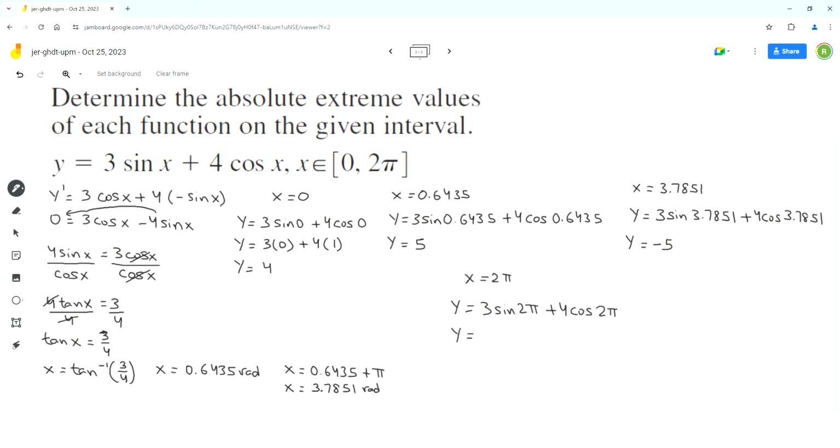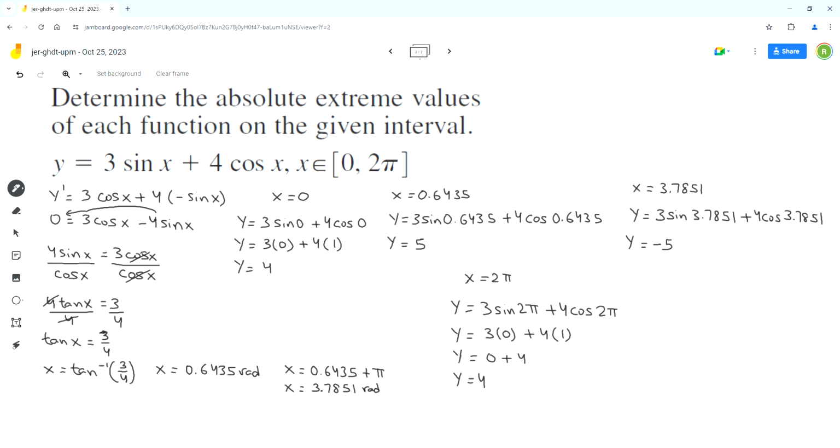Now we know that sine of 2 pi is equal to 0 and cos of 2 pi is equal to 1. So 3 times 0 is 0 and 4 times 1 is 4. So we get y equals 4.